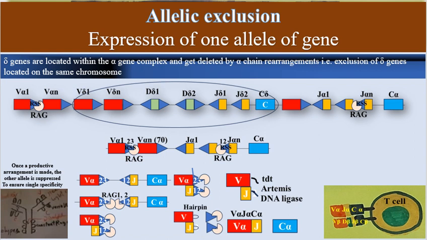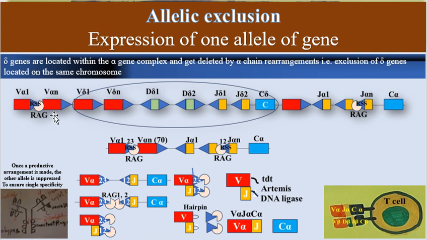However, I find it would be interesting for this lecture to give a short account on allelic exclusion, which ensures expression of one allele of a gene. As can be seen here, delta gene segments are located within the alpha gene complex.